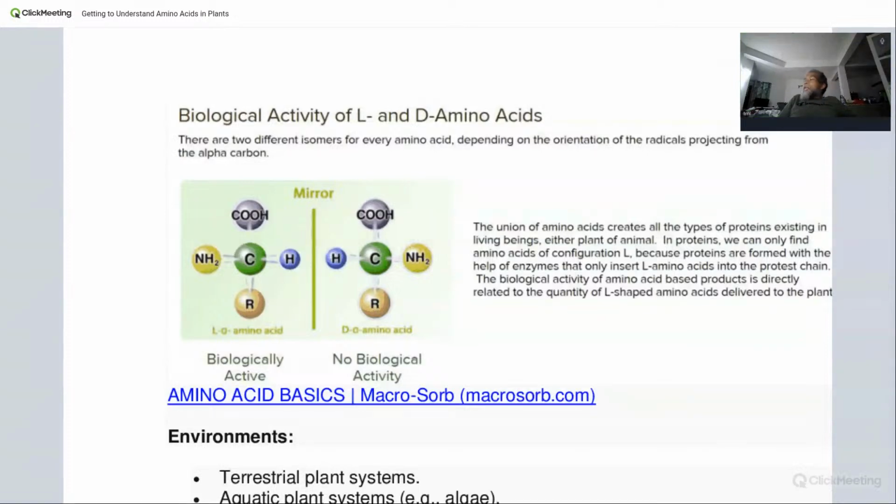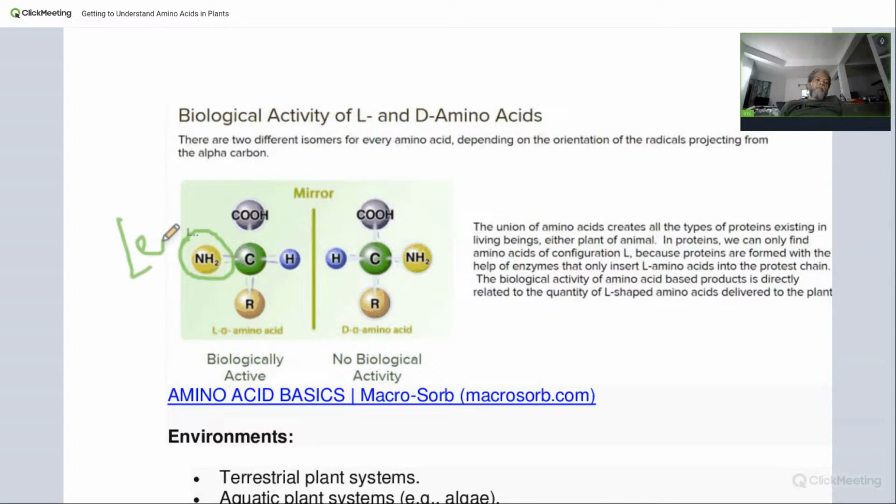The difference is the side on which you have the NH2. On this one here, the NH2 is where? This first one here, which side is the NH2?